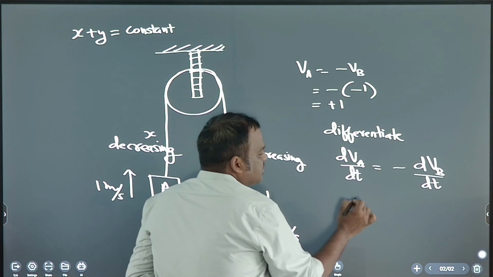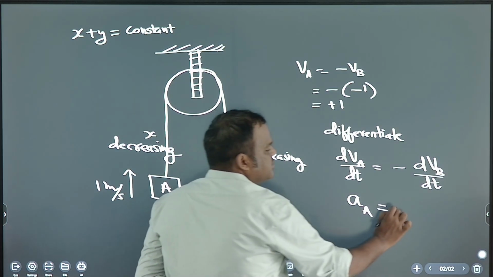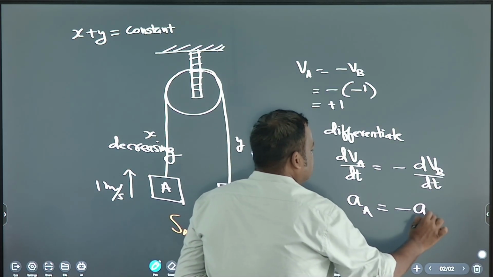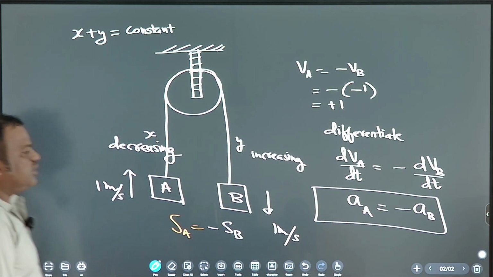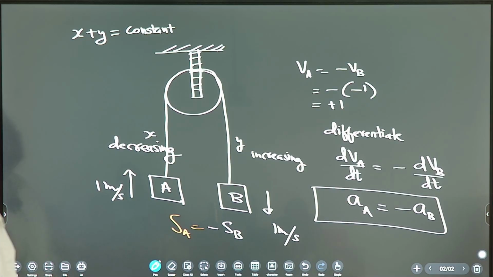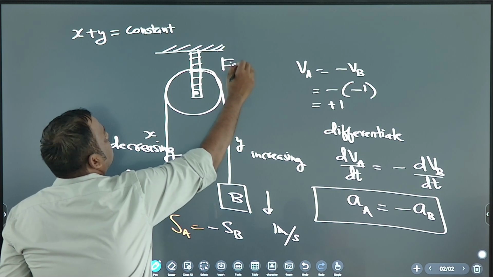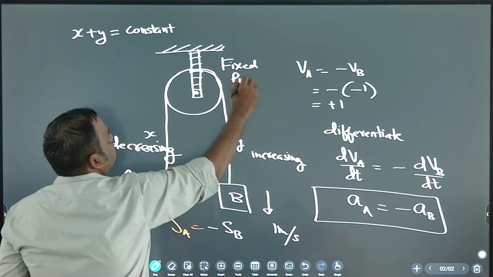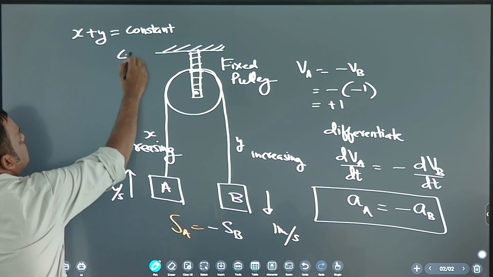Now what is this? Acceleration of A is equal to minus of acceleration of B. So note down, acceleration of A is minus of acceleration of B, when the pulley is fixed. This is the fixed pulley. The clamp is fixed, the ceiling is fixed.